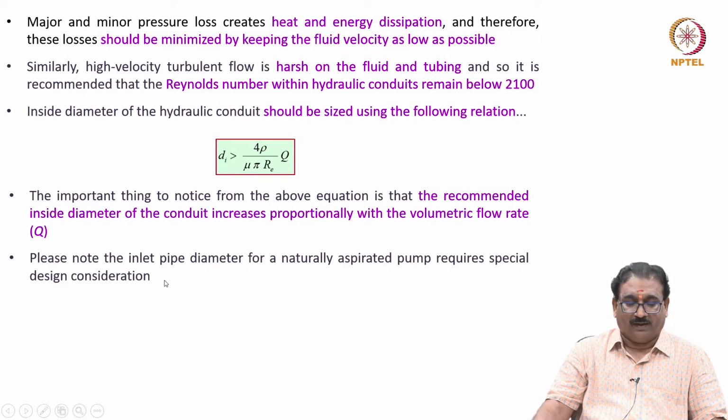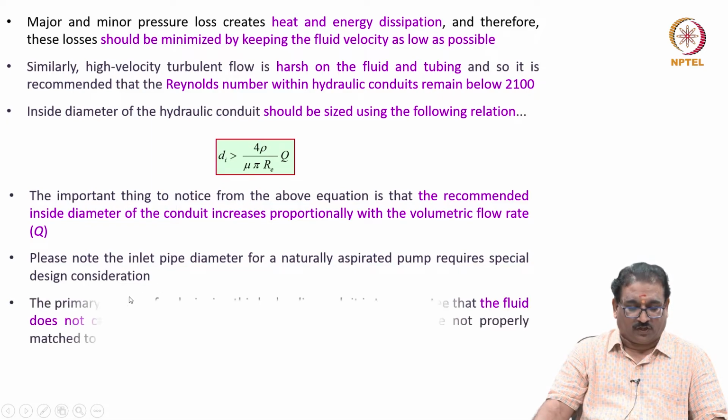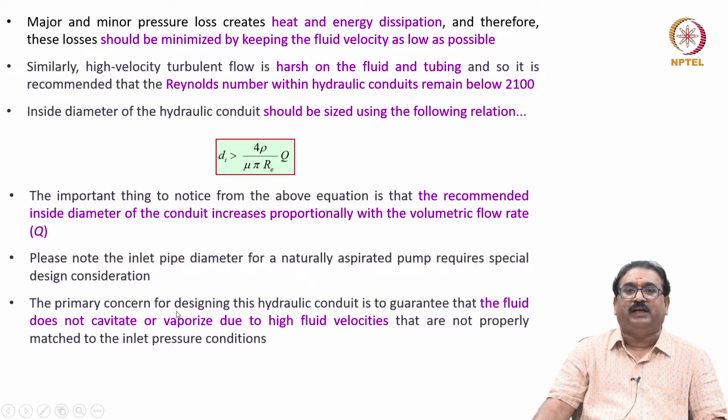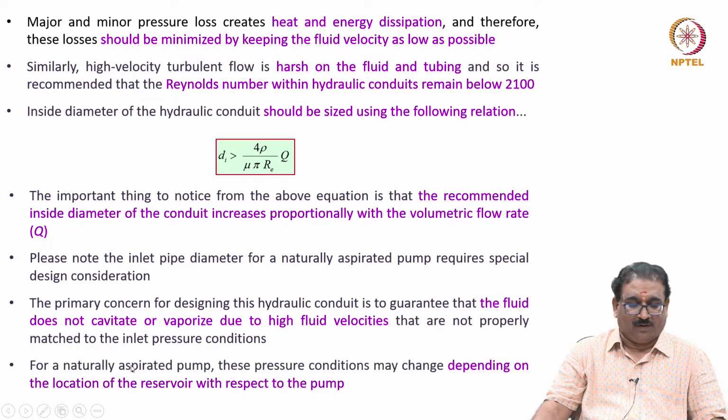Please note, the inlet pipe diameter for a naturally aspirated pump requires a special design consideration. The primary concern for designing this hydraulic conduit is to guarantee that the fluid does not cavitate or vaporize due to high fluid velocities that are not properly matched to the inlet pressure conditions.